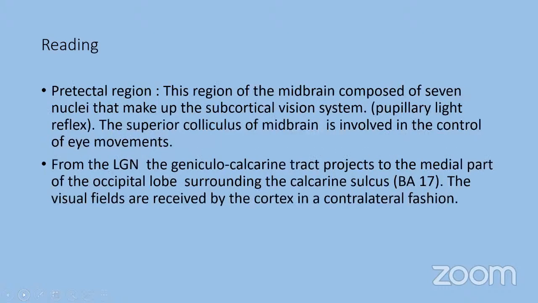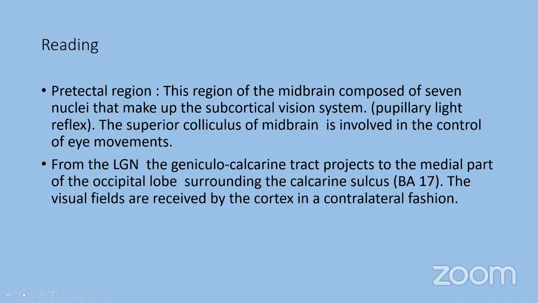The pretectal region of the midbrain is composed of 7 nuclei that make up the subcortical vision system, and this is very important for reading. The pupillary light reflex is one part of it. The superior colliculus of the midbrain is involved in the control of eye movements, as is the trochlear nerve, and the inferior colliculus.